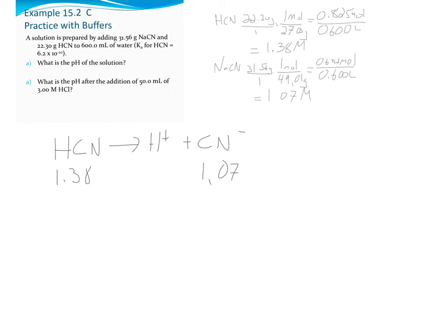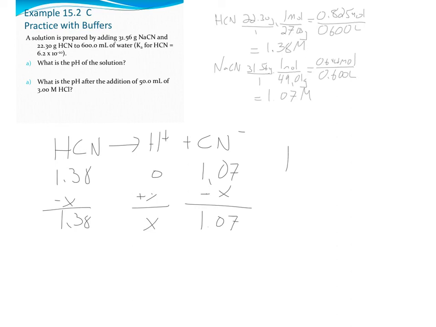Since we have a common ion, we have both things. Neither of those X values are going to change. We don't really need the whole ICE chart, but just to kind of show us there, we say minus X. This is still going to be 1.38. This will be X, and then the cyanide will still be 1.07. Okay, those aren't going to change.